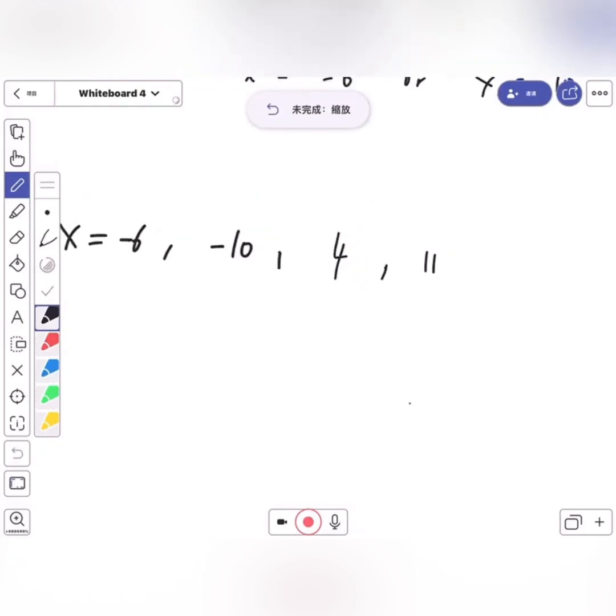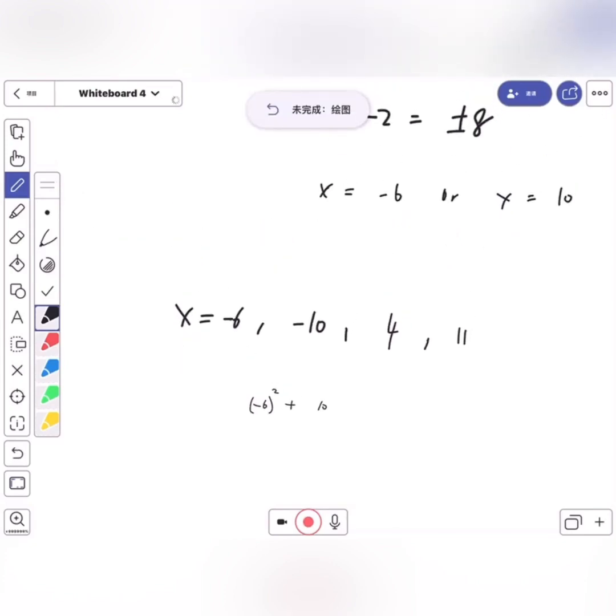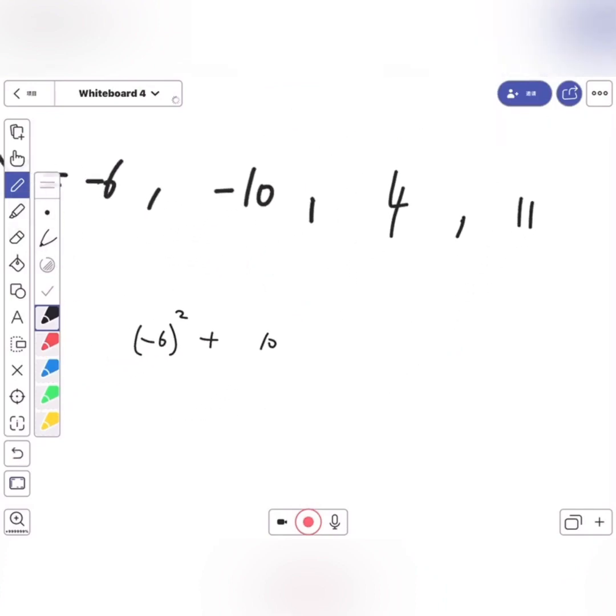So now, since we want to find the sum of the squares, we're going to have negative 6 squared plus negative 10. Oh, sorry, it should be positive 10. And then plus 4 squared plus 11 squared.